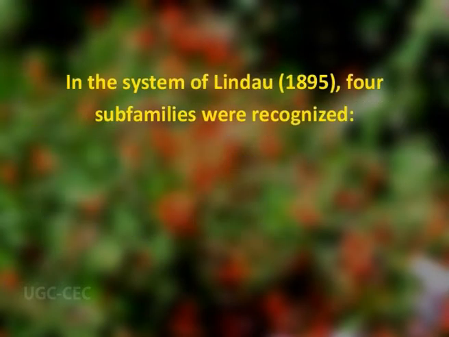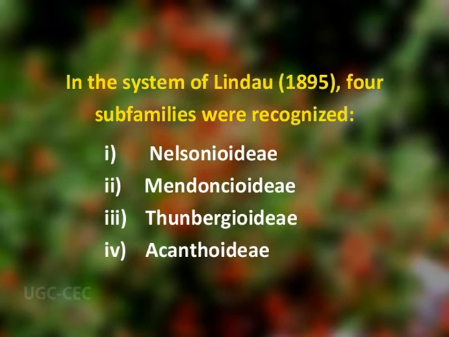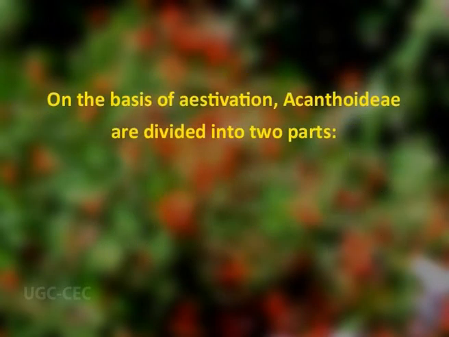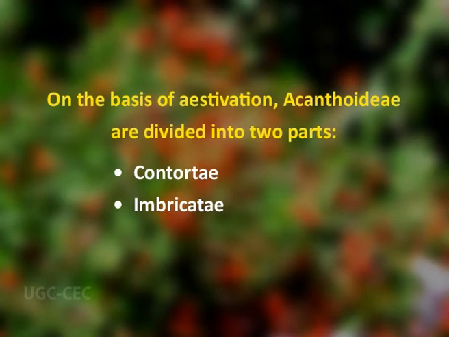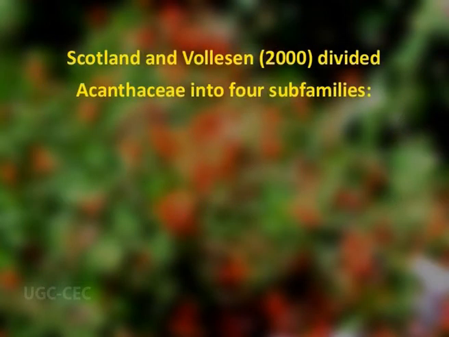In the system of Lindau, 4 subfamilies were recognized: Nelsonioideae, Mendoncioideae, Thunbergioideae and Acanthoideae. The former 3 are characterized by absence of cystoliths. Acanthoideae was further divided into 2 parts, the contorti and the imbricati, on the basis of aestivation. Scotland and Wasshausen divided the family Acanthaceae into 4 subfamilies.